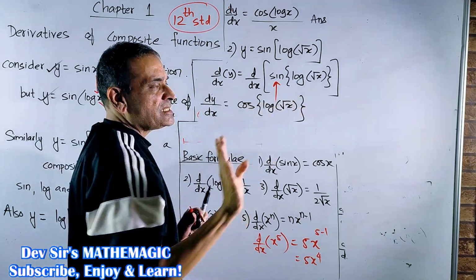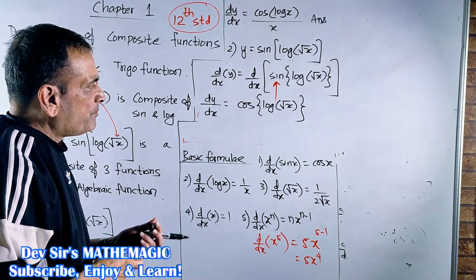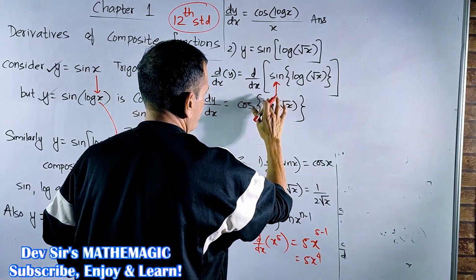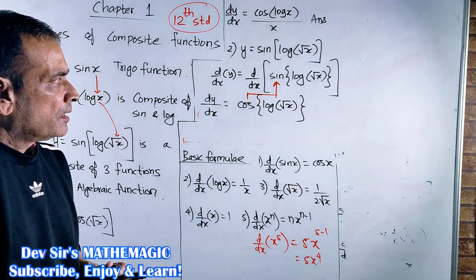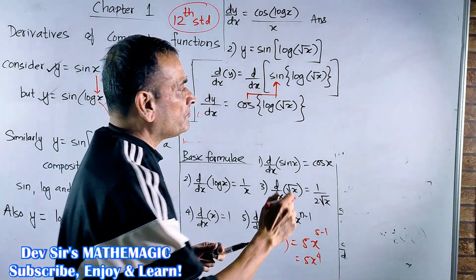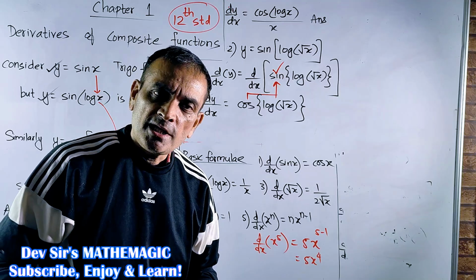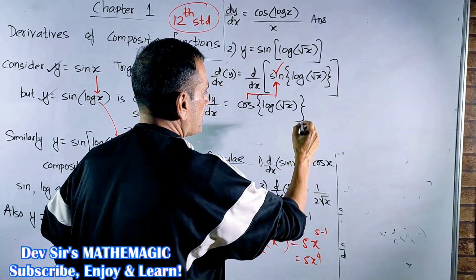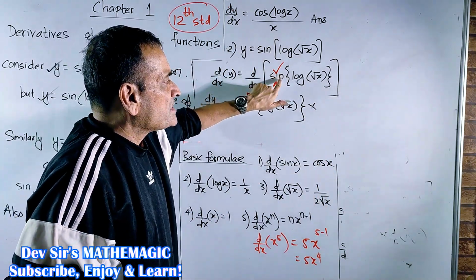Log of root x remains as it is. तो यहाँ पे डेरिवेटिव ऑफ साइन लिया है ओनली. As soon as you take the derivative of the outer function, we have to form a chain. तो चेन आगे लिखनी है. डेरिवेटिव ऑफ साइन हो गया.